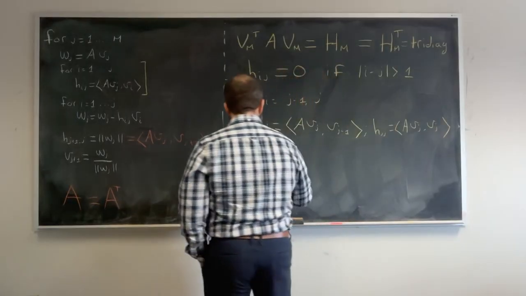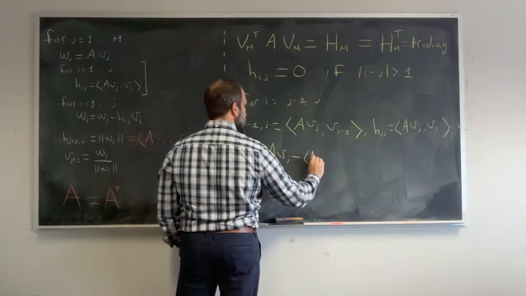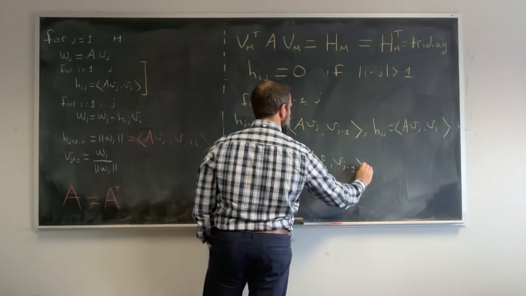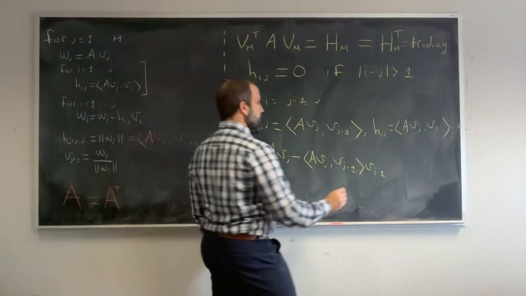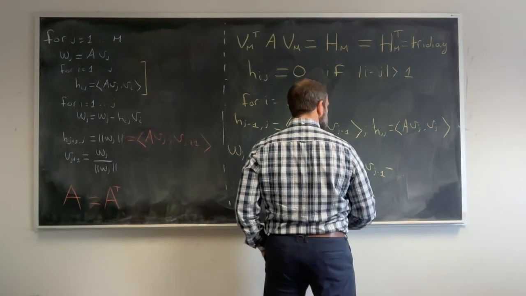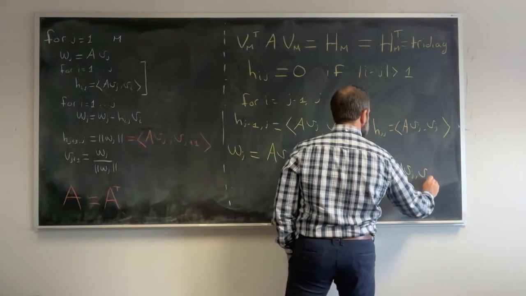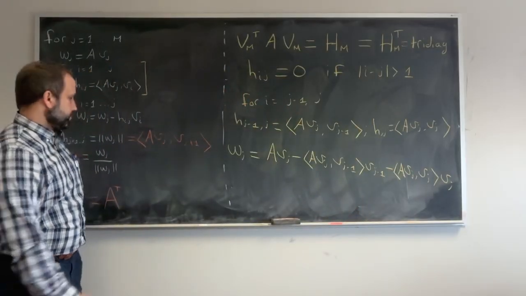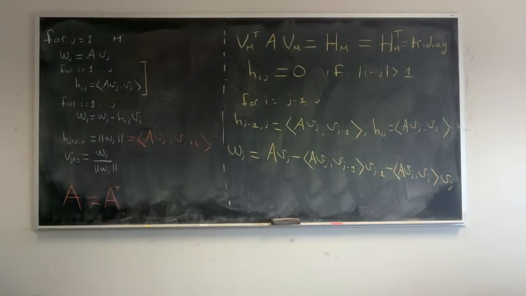So this is going to be equal to A v_j minus <A v_j, v_{j-1}> v_{j-1}, and then minus <A v_j, v_j> v_j. Okay. So let me just stand out of the way and let you look at that, because I'm going to have to erase a lot of it.